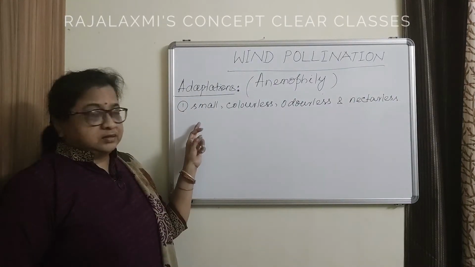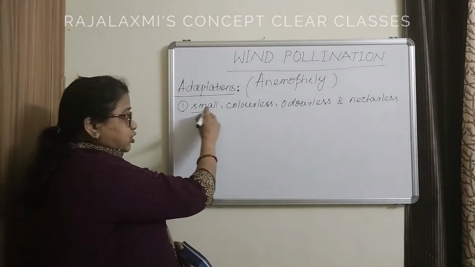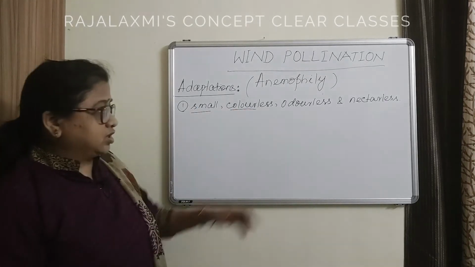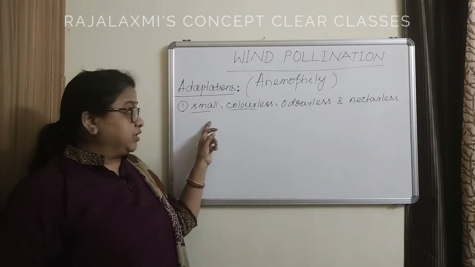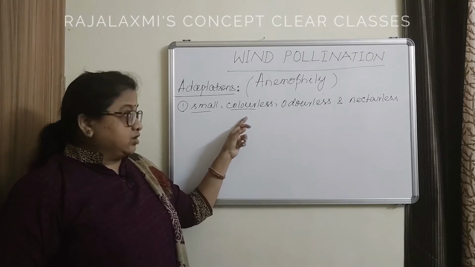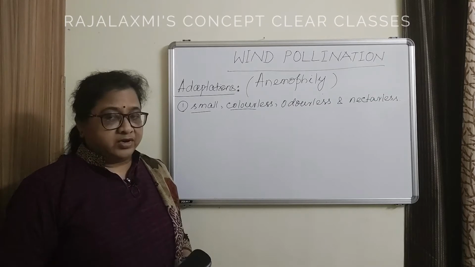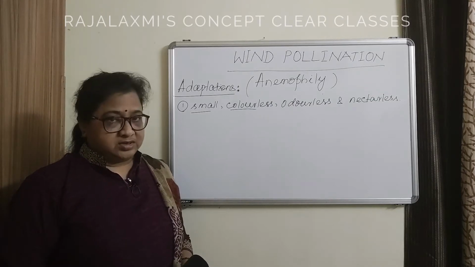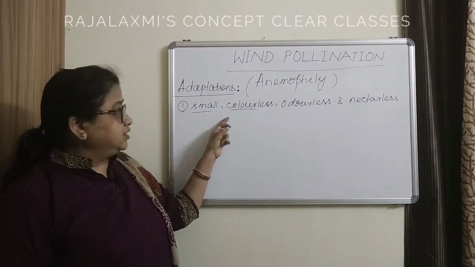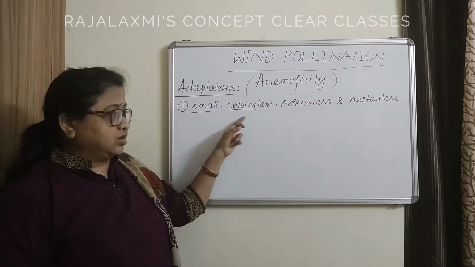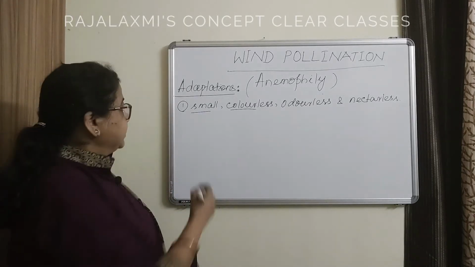As these flowers are wind pollinated, they are small, colorless, odorless and nectarless, because the large size of the flower, bright color, odor and nectar are required for living pollinators like insects, birds, etc.